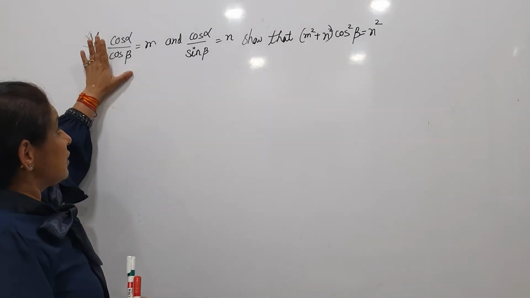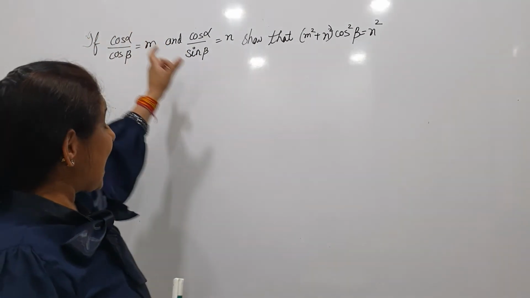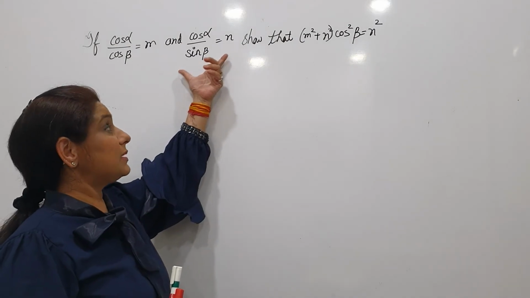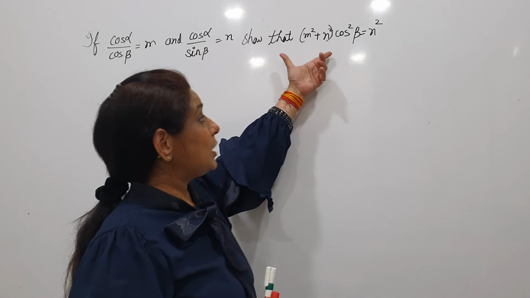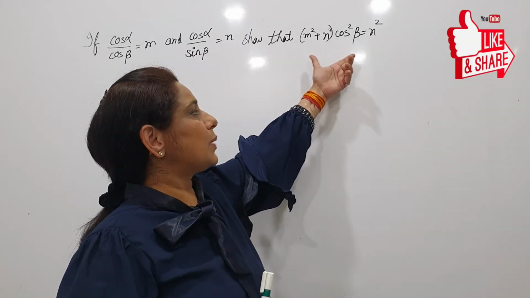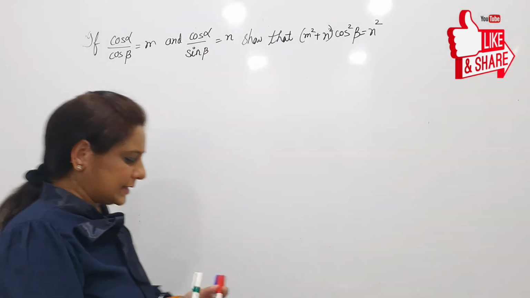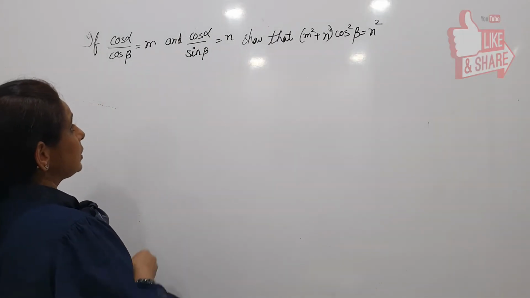If cos alpha upon cos beta is equal to m and cos alpha upon sin beta is equal to n, then show that the value of m square plus n square multiplied by cos square beta is equal to n square.